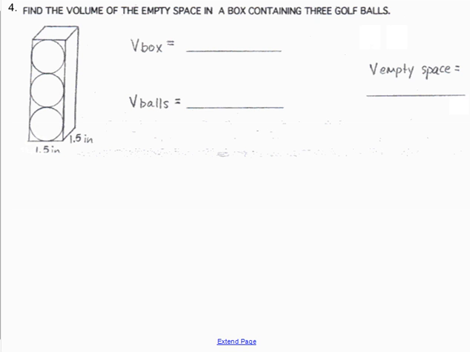So the volume of the box is going to be the base times the height, right? That's what a prism is. So the base is 1.5 times 1.5.